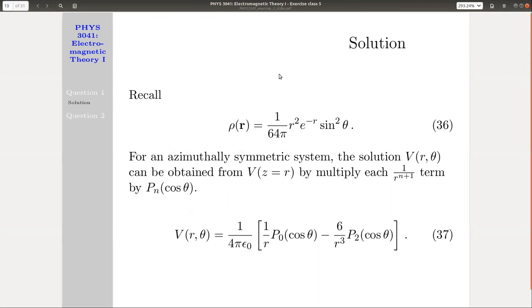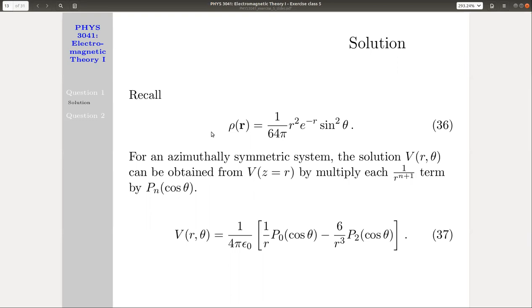So let's recall the charge density. If you can recognize, the charge density here is independent of phi, so it is an azimuthally symmetric system. So here is the trick.